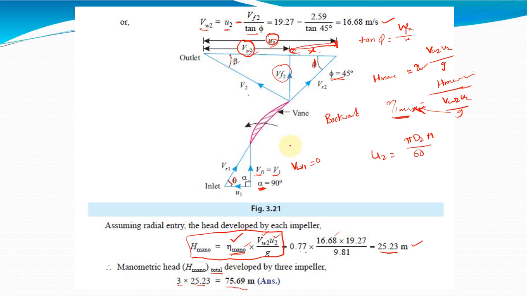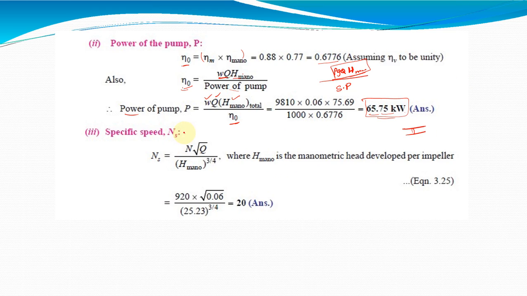Next, third, they have asked to calculate the specific speed of the pump. So Ns is equal to n root Q by H manometric power 3 by 4. And remember, here H manometric will be the head developed by one impeller only, not all the impellers. So you cannot use the total head while calculating the specific speed.